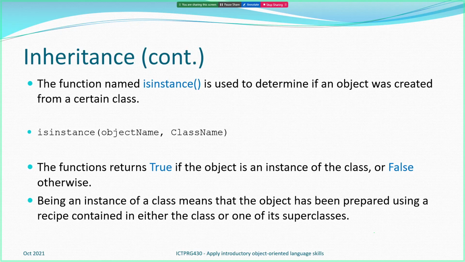So we're trying to find out whether an object is a member of a particular class. So again, two parameters, the object we're comparing and the class we're comparing it to. And this will return a true if the object was derived from that class.